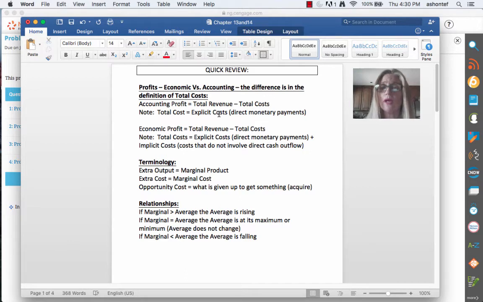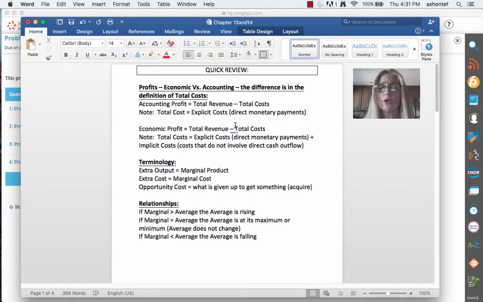However, the way they actually determine the total cost is quite different. So a quick reminder, the accountant will only look at costs that are what we call explicit, meaning that they're direct monetary payments. So, for example, somebody works for you for 4 hours, and in return for their work, you pay them some money. It's a direct monetary payment.